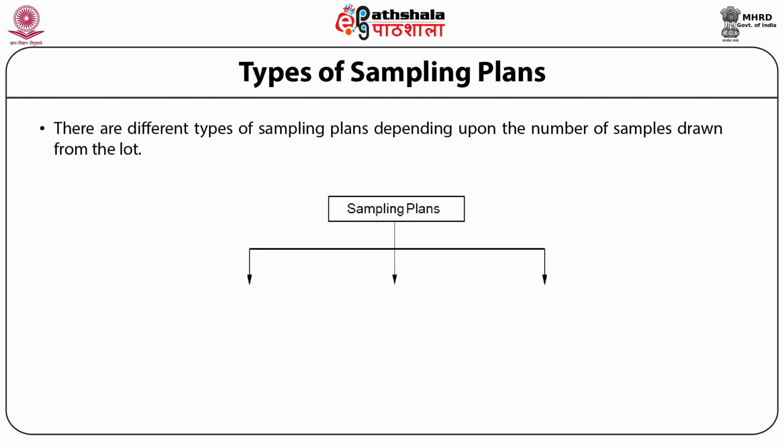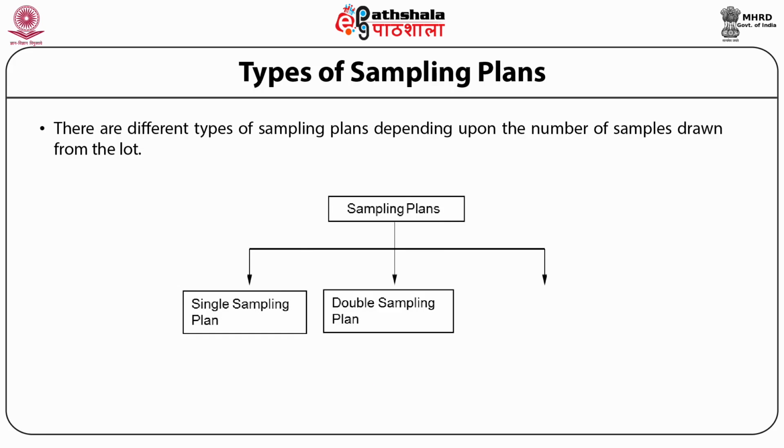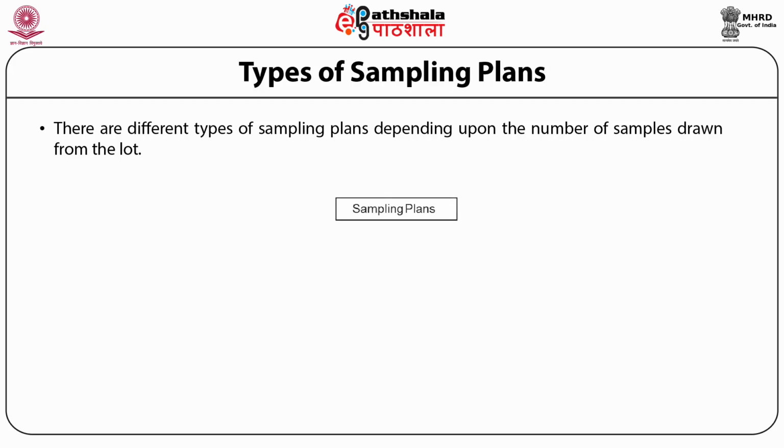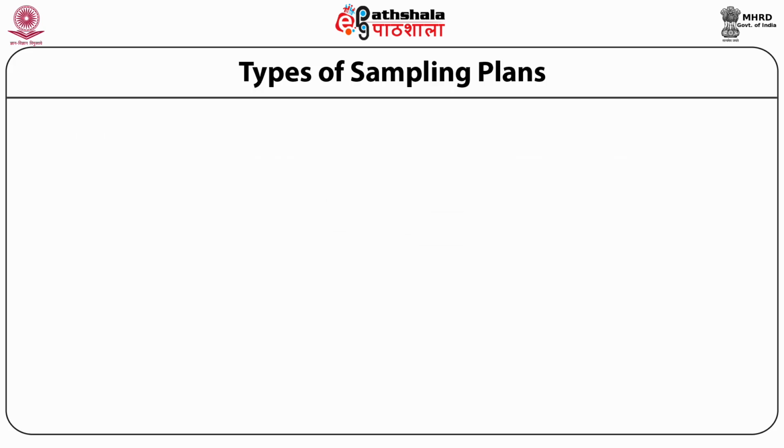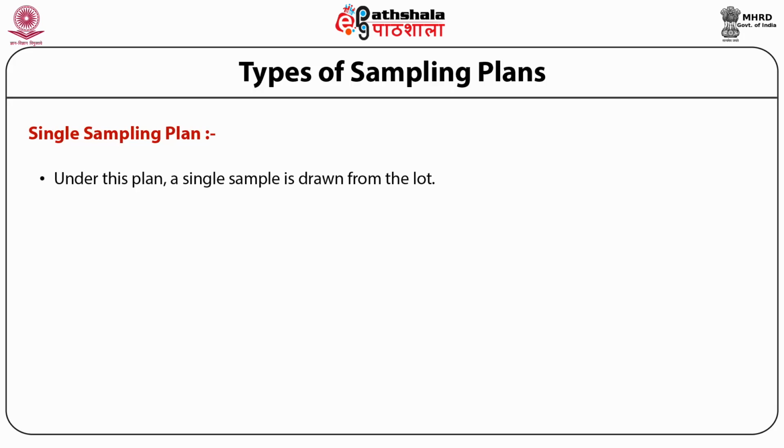There are different types of sampling plans depending upon the number of samples drawn from the lot: single sampling plan, double sampling plan, and multiple sampling plan. Single sampling plan. Under this plan, a single sample is drawn from the lot.